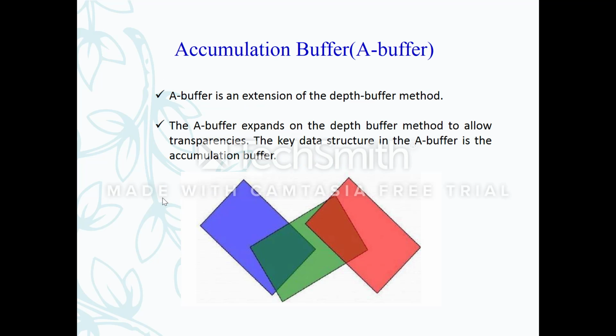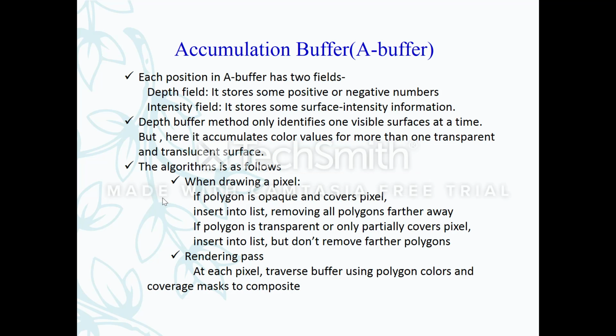The next algorithm, the accumulation buffer. As I said, the accumulation buffer is an extension to the depth buffer method. The A buffer expands on the depth buffer method to allow transparencies. Here transparencies are allowed, whereas in the depth buffer no transparencies are allowed. The key data structure in the A buffer is the accumulation buffer. Each position in the A buffer has two fields.